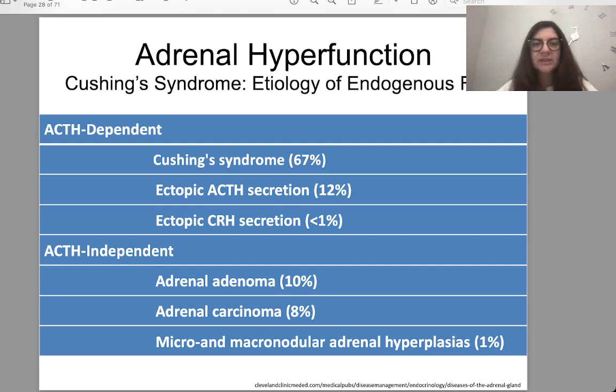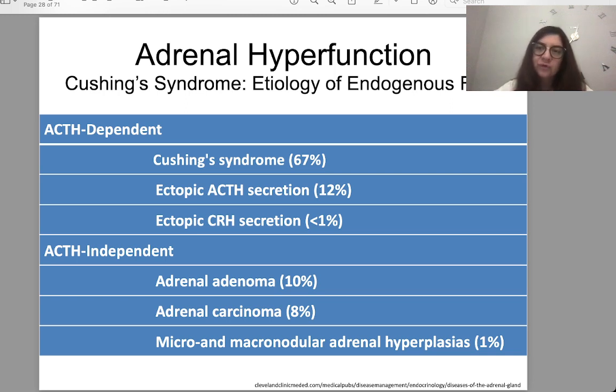And I told you that endogenous can be ACTH-dependent and ACTH-independent. It's what we usually name primary or secondary. ACTH-dependent Cushing syndrome is 67% of cases of adrenal hyperfunction overall.